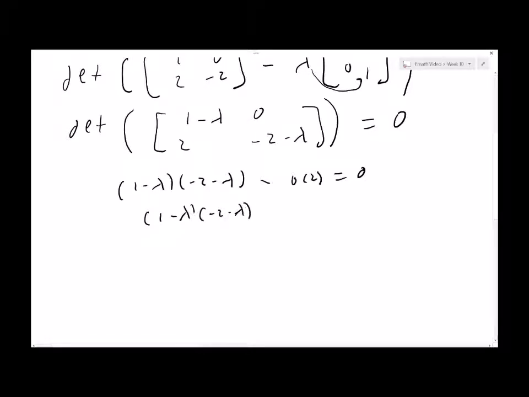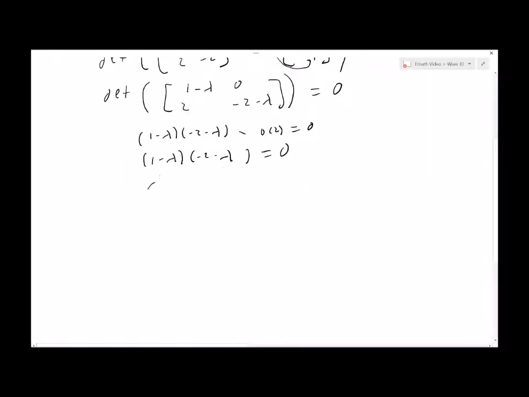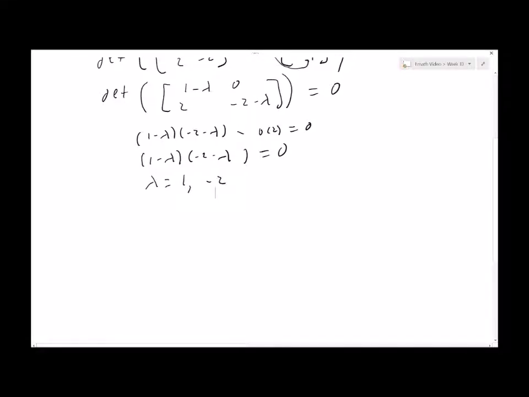It's already factored out, so we don't need to distribute. So now we get lambda equals 1 and negative 2. Now I'm going to label them: eigenvalue 1 equals 1, eigenvalue 2 equals negative 2.